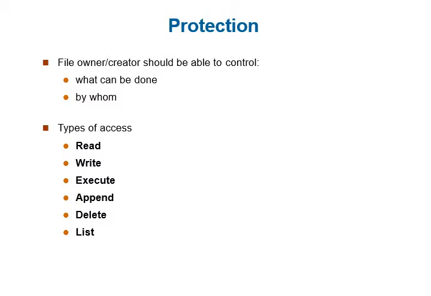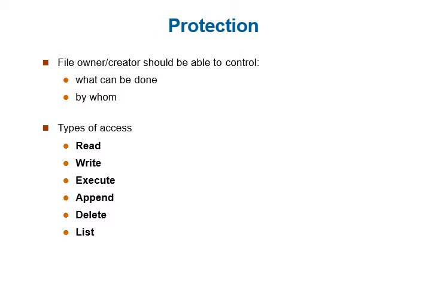Read is basically a read-only mode. If it is write, by default you are giving read as well as write. If it is execute, you are allowing a user to read, write, and, if you want, you can give execute permission.